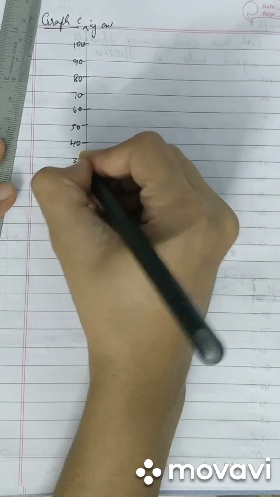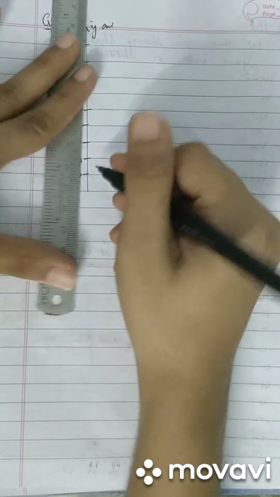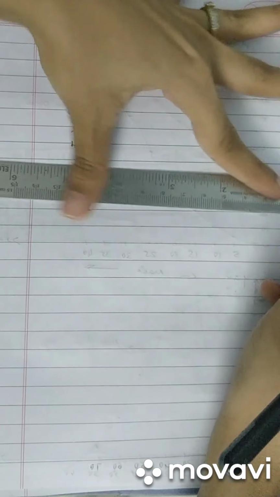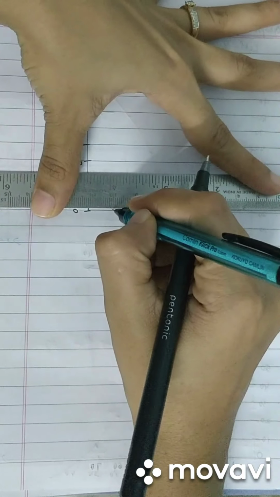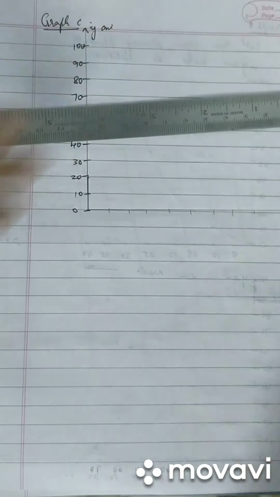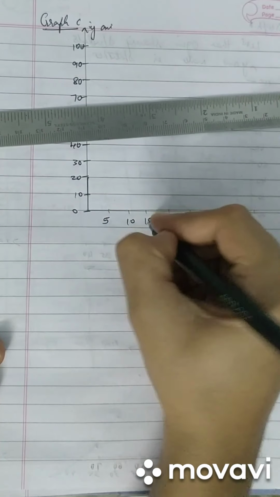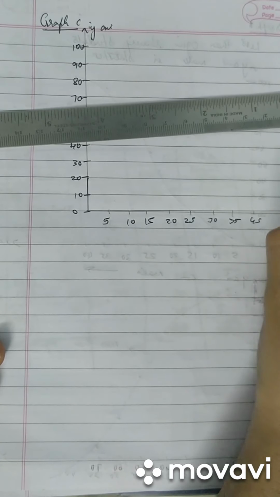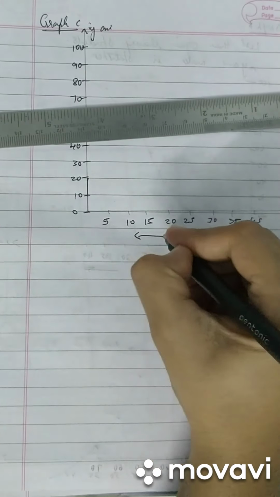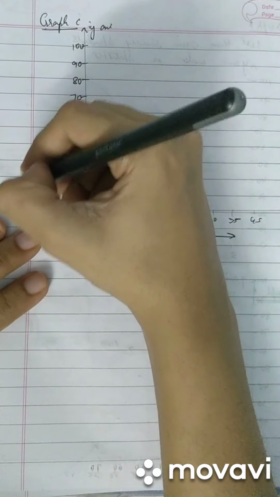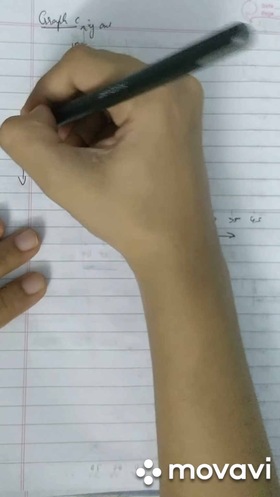Scale is 1 centimeter each. Please do it according to 1 centimeter each. X-axis represents marks, Y-axis represents number of students.